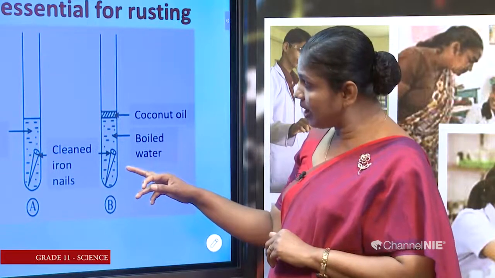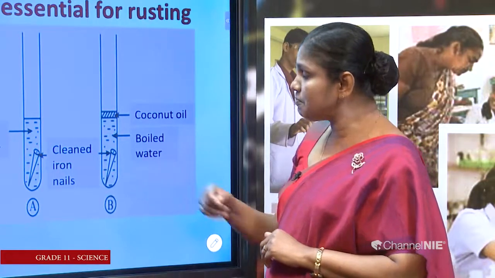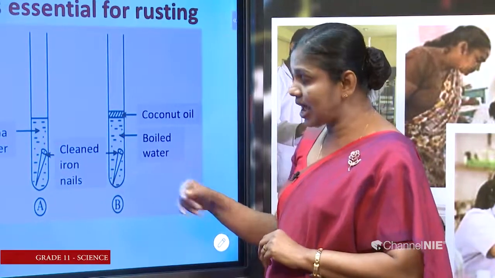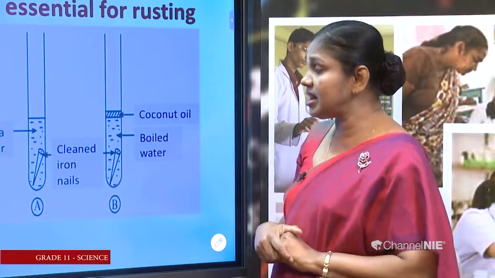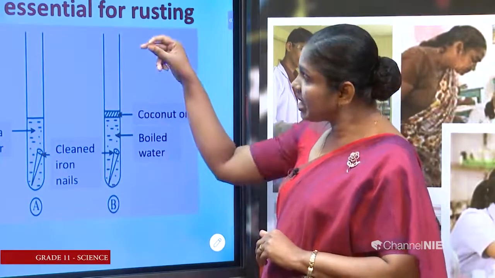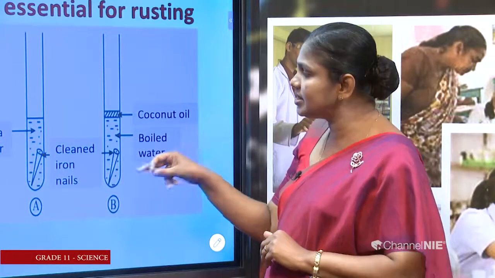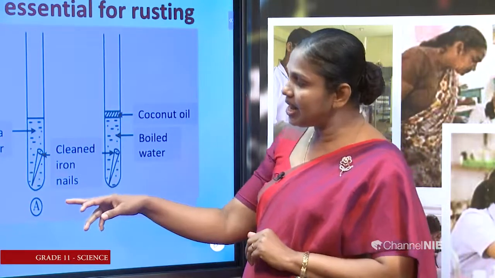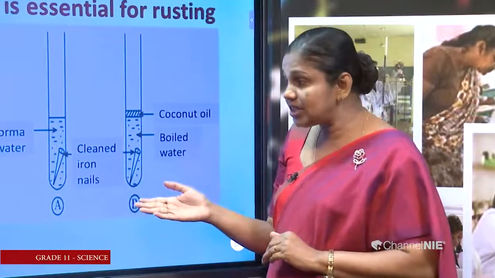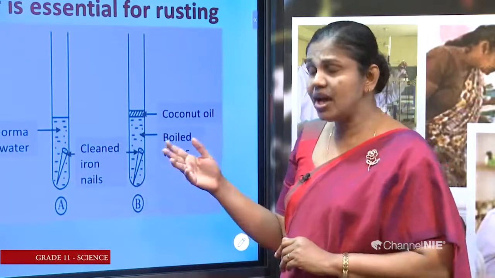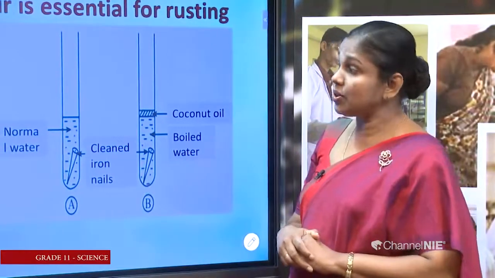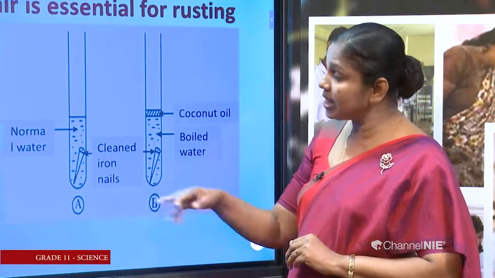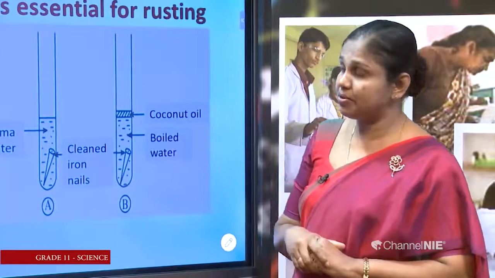When water is boiled, air dissolved in water is removed. As there is no air, this iron nail hasn't rusted. And air from outside also cannot enter the tube because of the coconut oil layer. But for the nail in A, there is water and air too dissolved in that water. So, as both factors, air and water, are available, nail A has rusted.